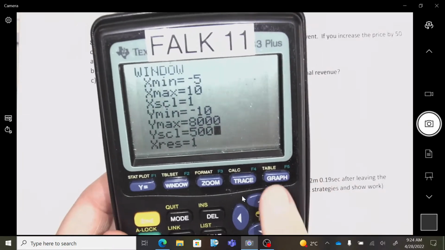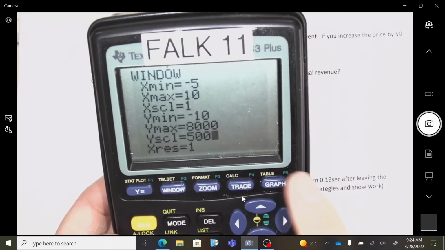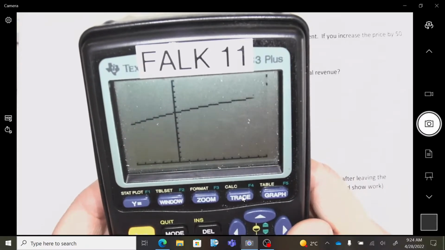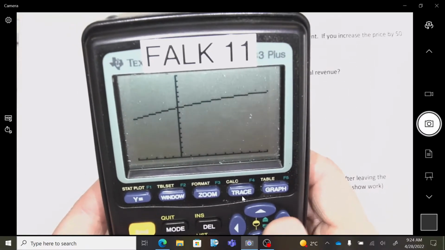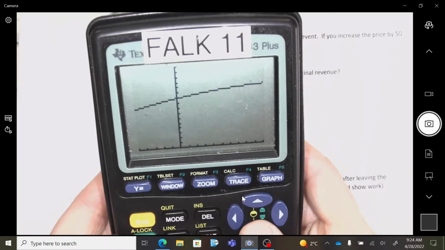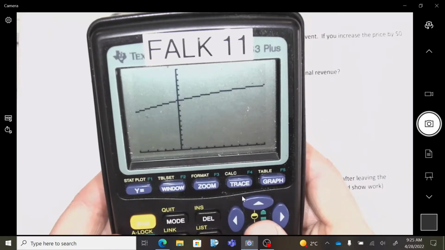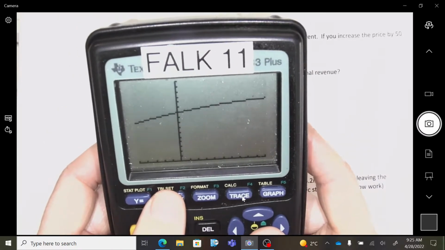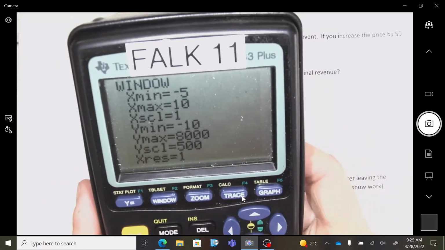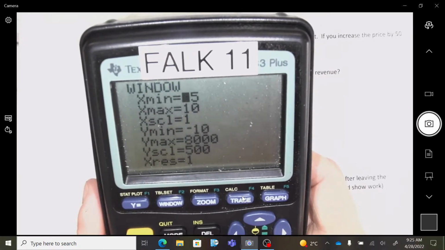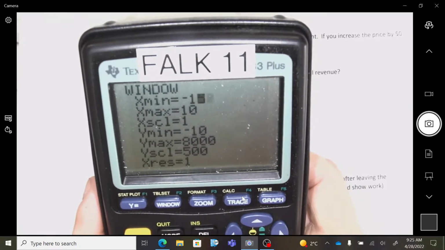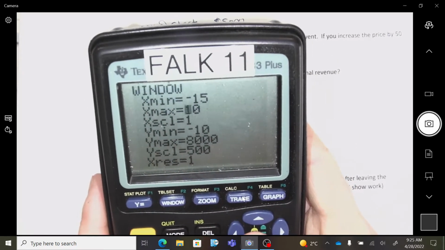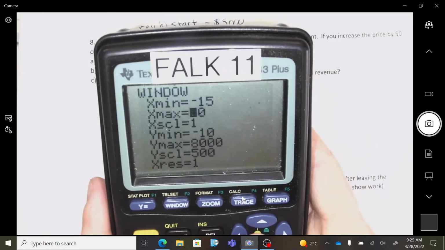Okay, let's see. I have no idea, but I knew that that had to be big. Graph. Okay, I think that the height is good. So let's go wider. So window, let's go -15 to, what do you want to do, 30?